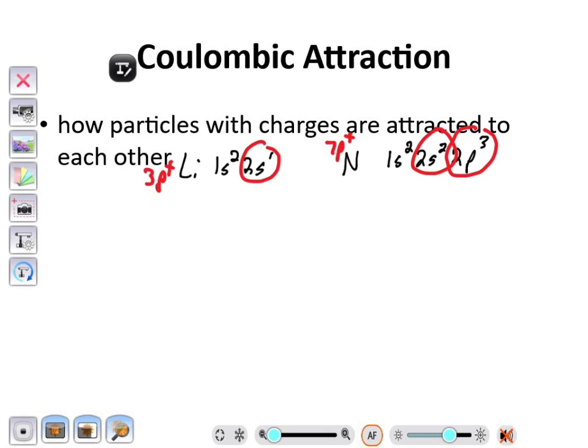Right, so I got nitrogen. They're still pulling across just 2 energy levels, but that nitrogen has 4 more protons pulling on them. So which one of these is going to have a higher Coulombic attraction? You guys see why? Okay, so N, nitrogen, is the higher Coulombic attraction.